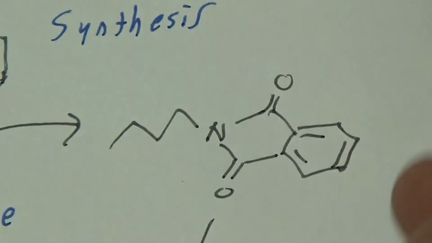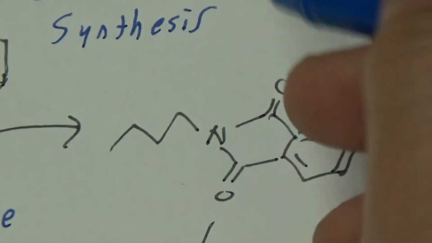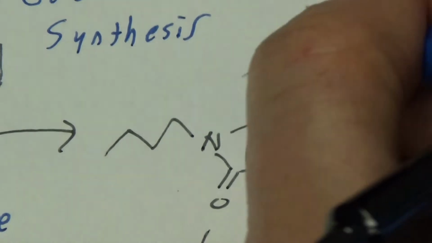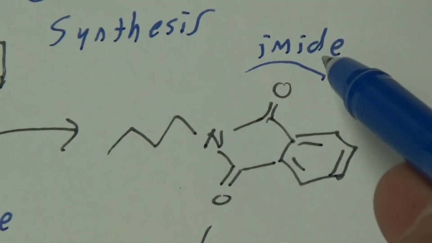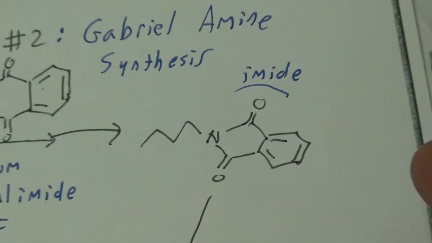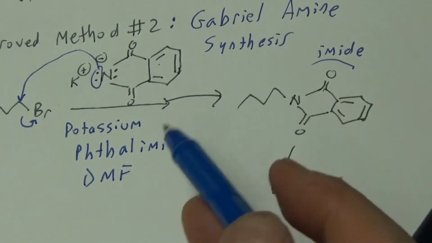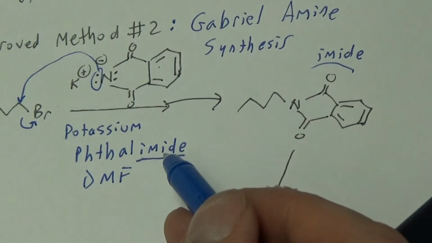This functional group, which looks like a pair of amides, is actually called an imide, I-M-I-D-E. So imide refers to two amides off the same nitrogen. And that's where you also see imide over here in phthalimide. Now you see that part of the name.